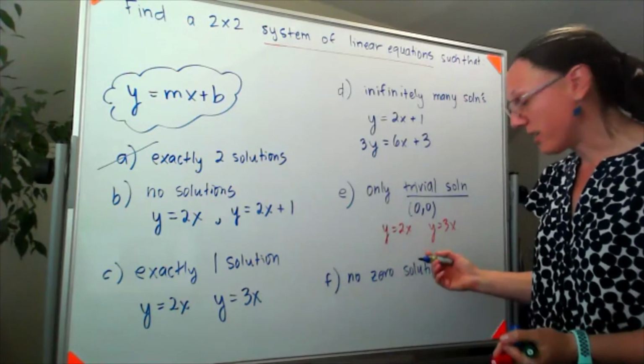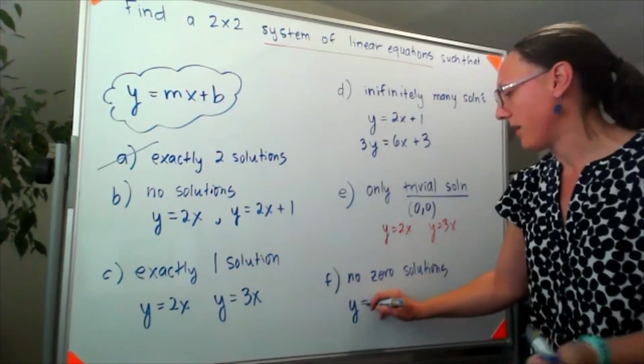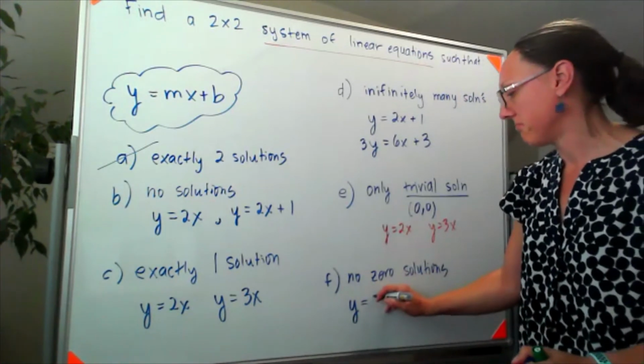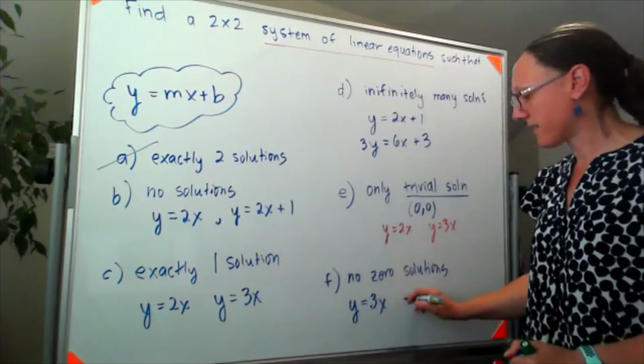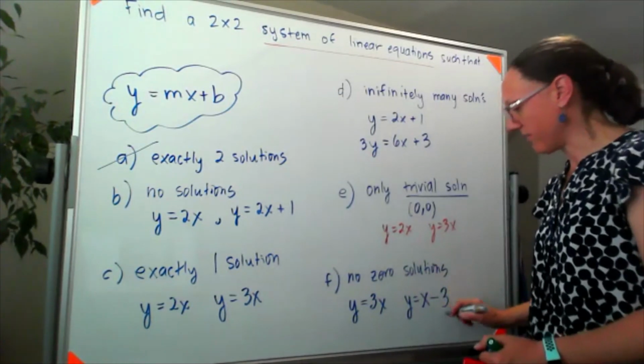So if I don't get to use the solution where it's 0, 0, I'm going to go maybe y equals 3x, and I just need anything else that does not have the same slope.